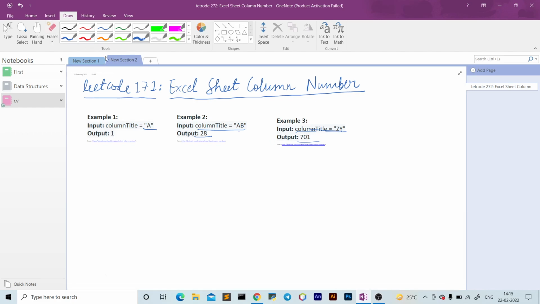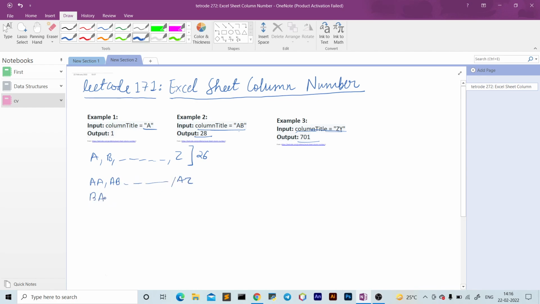So let's say we have some levels. Let's say this is level 1, till Z. Now this is level 1 and 26 letters are there in this level 1. Now for this A, in level 2 it would be AA, AB till AZ.